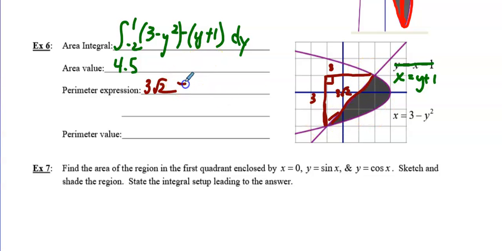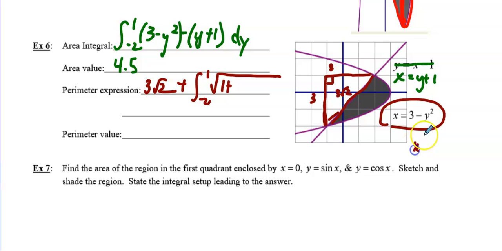So we need the arc length formula for this. So we're going to integrate from -2 to 1. The curve that we're finding is actually going to be right here. So we're going to write the square root of 1 plus, and we're going to find the derivative, so x prime. Well, the derivative of 3 is just 0, and the derivative of negative y squared is going to be negative 2y.